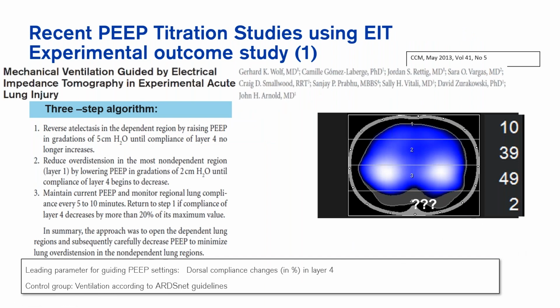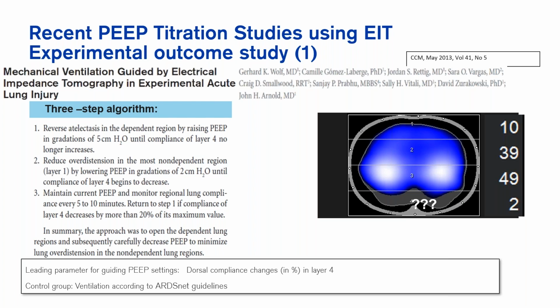And what they have discovered is that they reversed the atelectasis in the dependent regions by raising the PEEP in steps of 5. They reduced the overdistension and they were able to maintain the current PEEP. And in summary, this approach was to open the dependent lung regions and also to subsequently reduce the PEEP settings.